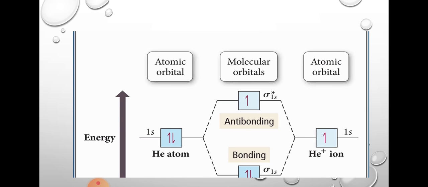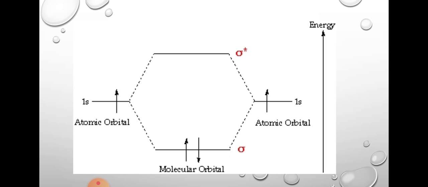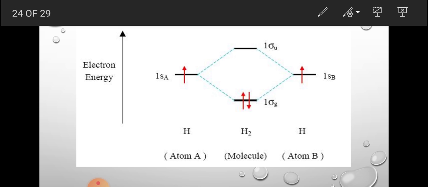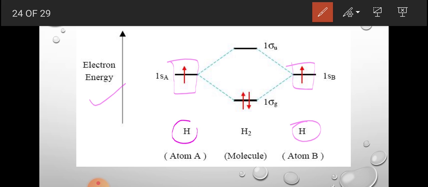Begin with the helium atom, or let's start with hydrogen atom. Hydrogen: first you will draw the energy increasing arrow. This is a 1s, this is a 1s, and here we will write hydrogen atom. For filling of electrons we have to strictly follow Hund's rule, Aufbau rule, and Pauli's exclusion principle.